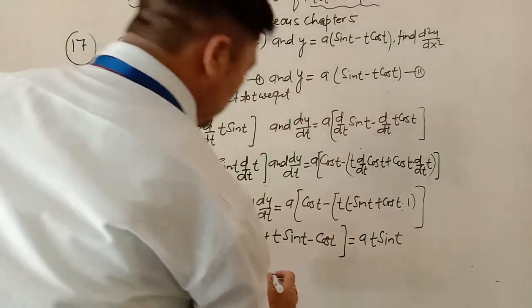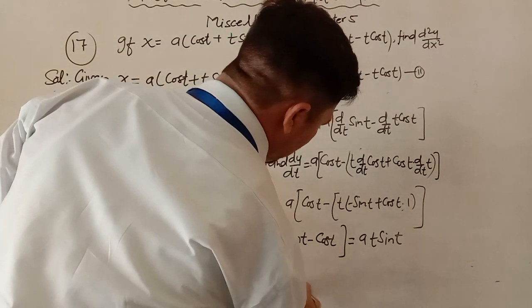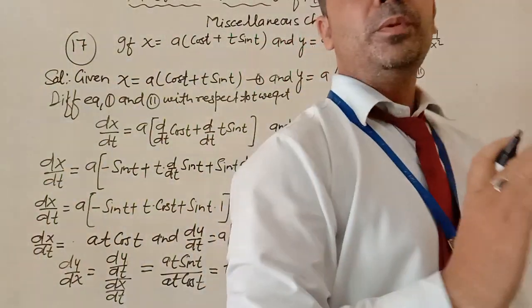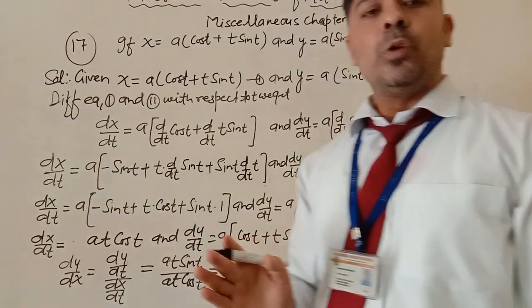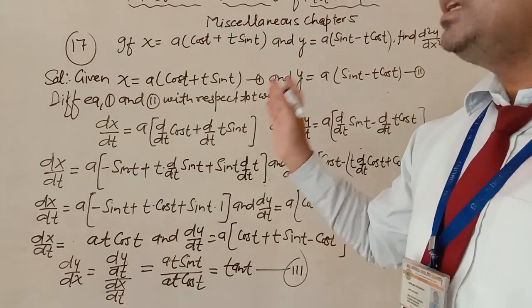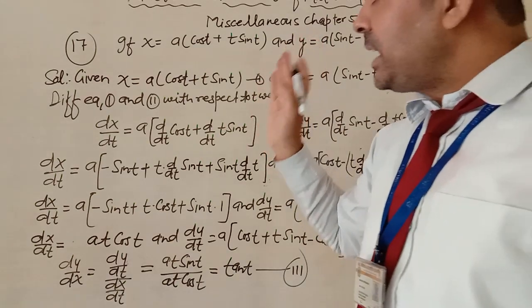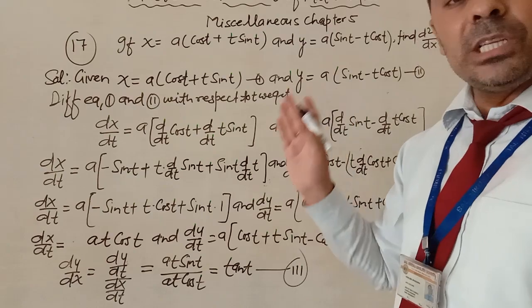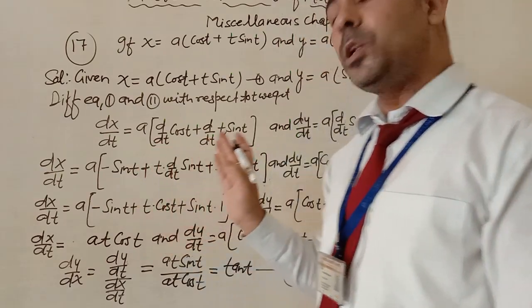So, students, you have to again differentiate equation third with respect to x. Before we start the differentiation, one more thing: this type of question is asked in the IIT and JEE examination. This question is for competitive exams also.